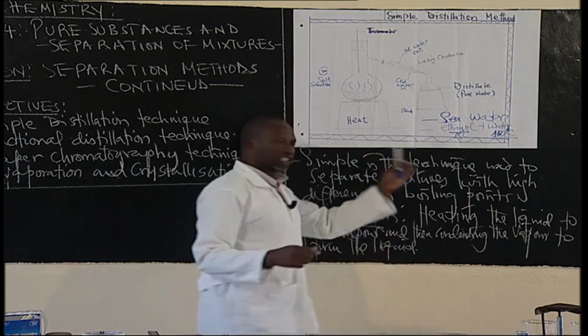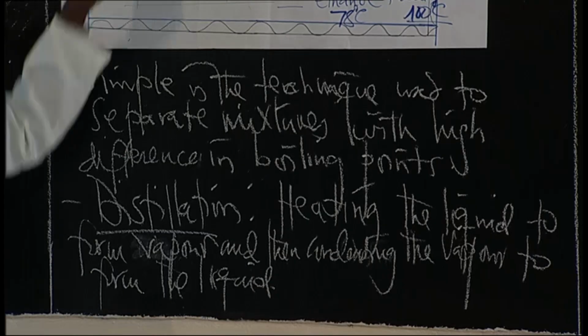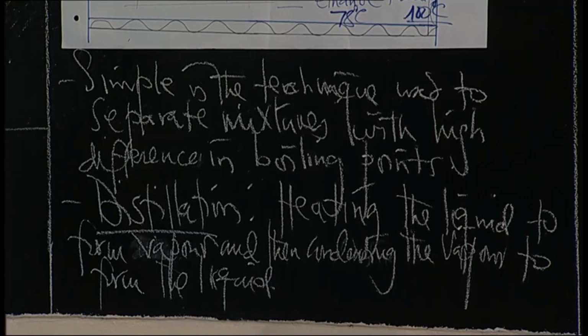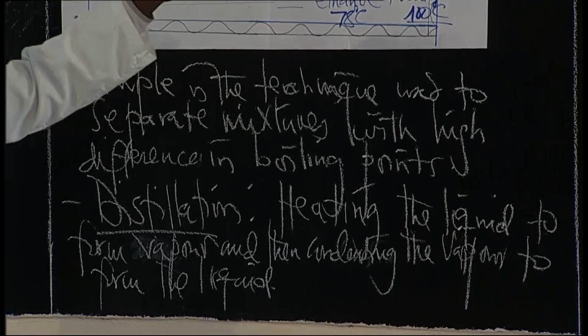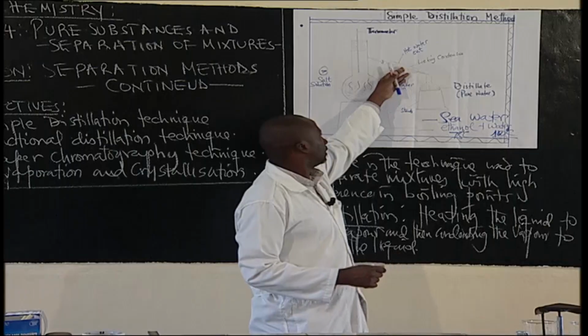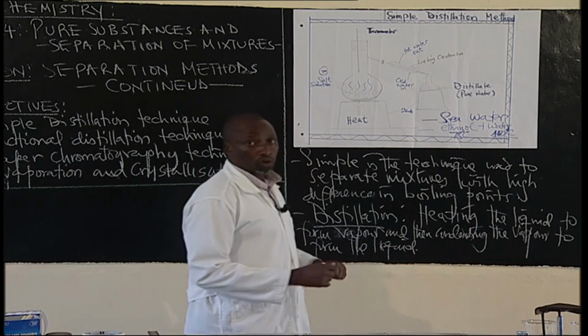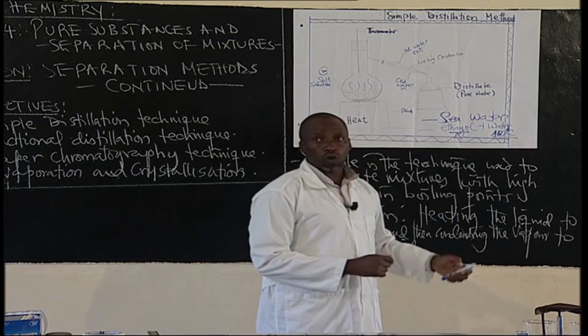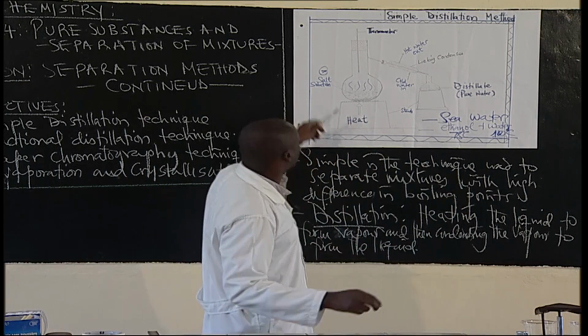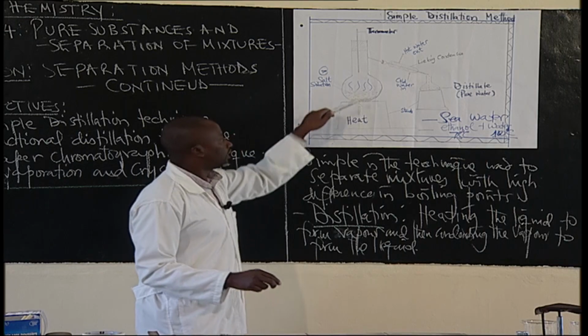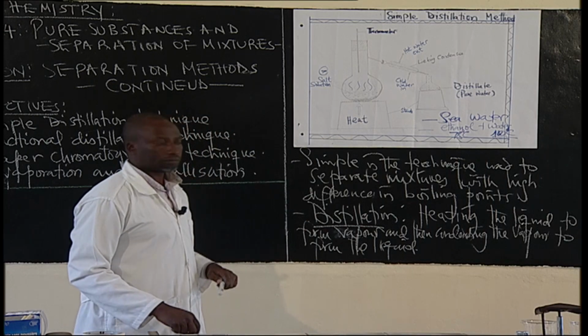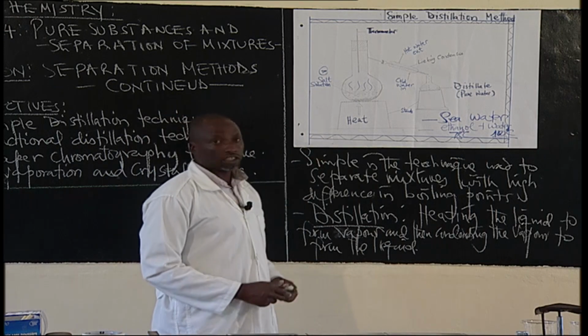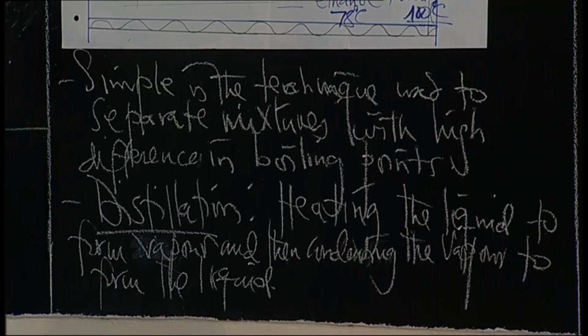You heat the liquid; here the mixture was in liquid form, which could be a solution. Then the water evaporates and is condensed. That is the purpose of this Liebig condenser. It is condensed and collected as pure water, so the salt remains behind in this flask. So that is the simple distillation.